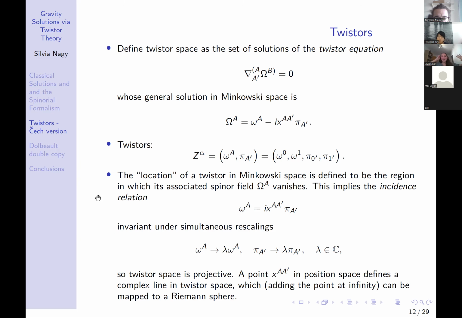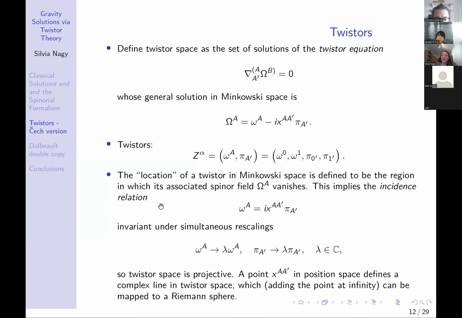And then I have this non-local correspondence between our space-time, physical space-time, and Twistor space, whereby the location of a Twistor is defined as the region where this omega vanishes. So I just solve this equation, I immediately get what we call the incidence relation, and this relates omega and pi via the space-time coordinate.